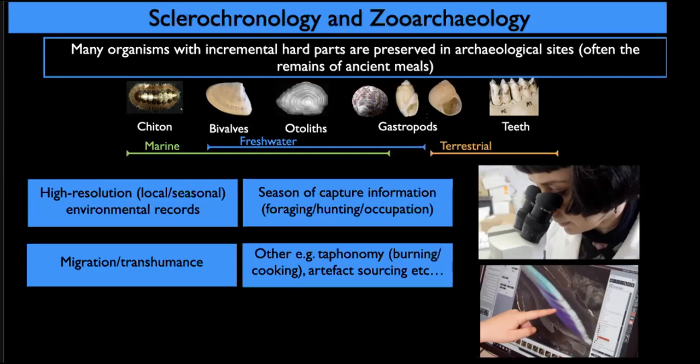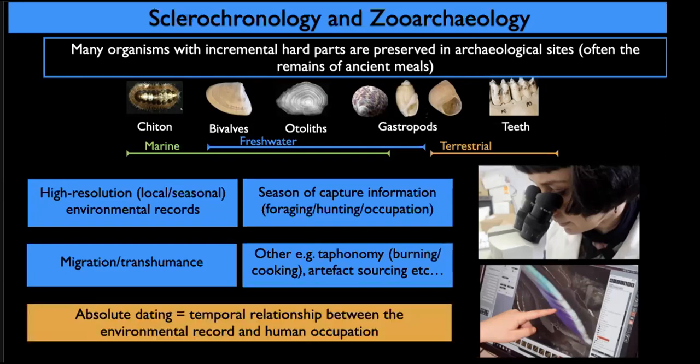And there's many other novel applications, including things like assessing taphonomy and yielding information on burning and cooking practices that we can get from sclerochronology. Another useful aspect is that biogenic carbonates can be absolutely dated using methods such as radiocarbon, U-series, or amino acid racemization to provide a direct temporal link between the environmental record and human occupation.